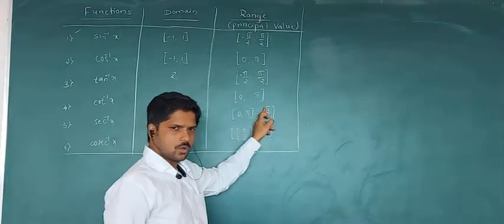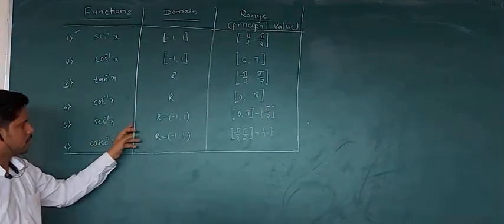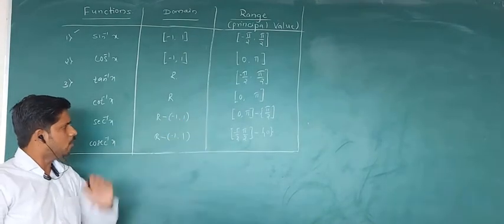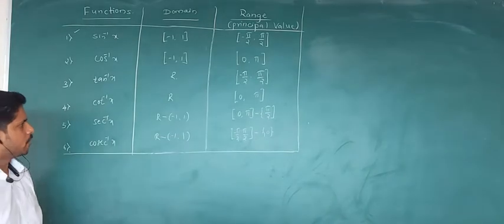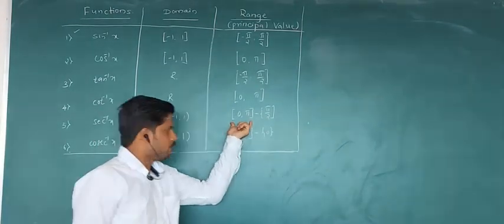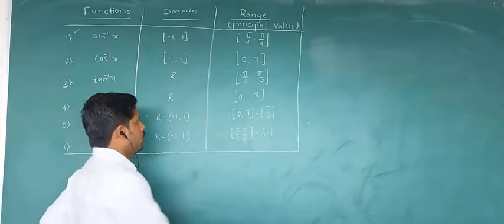0 to pi. Similarly, sec inverse x is defined with domain R minus of minus 1 comma 1, and its range, or principal value, is 0 to pi minus pi by 2 singleton.